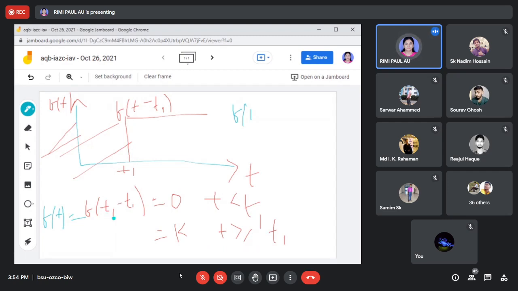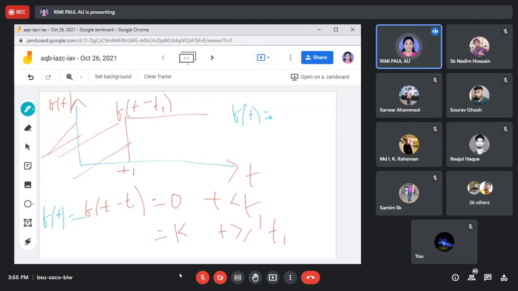Now f(t minus t1). So now this signal looks like this one, the time zone is different. Okay, so আমরা এবার এটাকে কি লিখতে পারি, u(t minus t1).